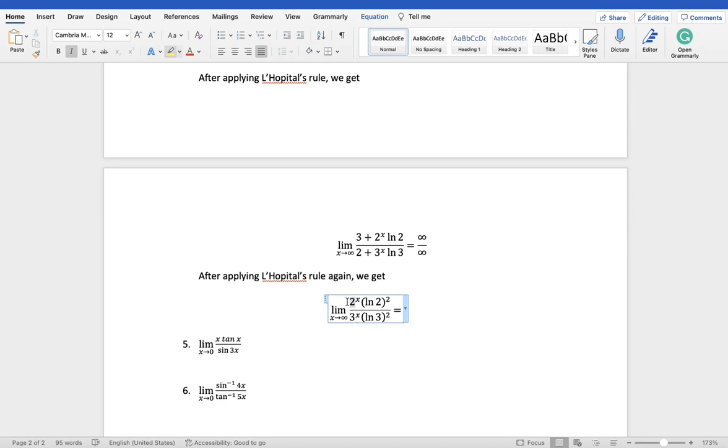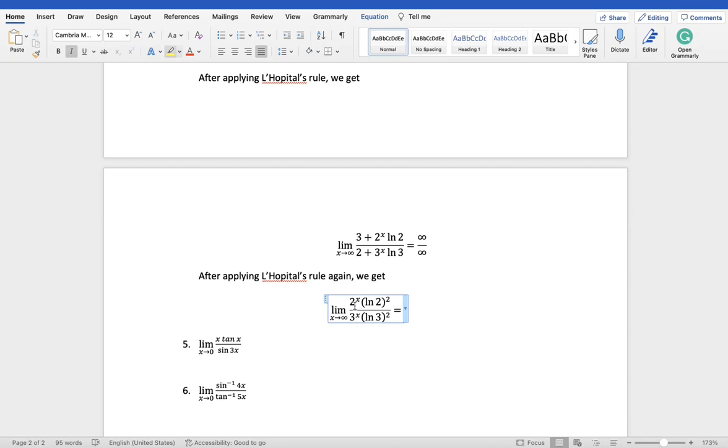So at some point, 2 to the x will be a very small number compared to 3 to the x, right? And at that point, remember what we said when we were looking at limits initially, you can already see that 2 to the x will be small and 3 to the x will be large.